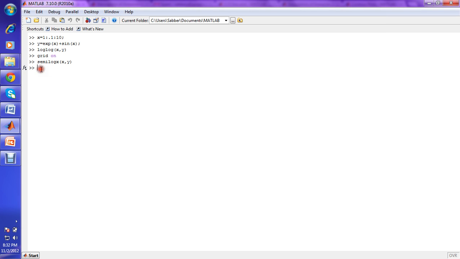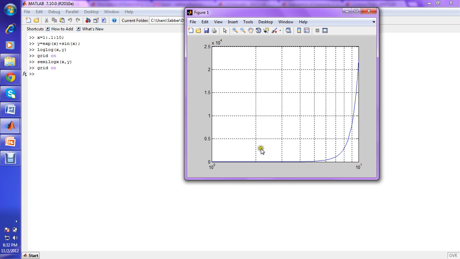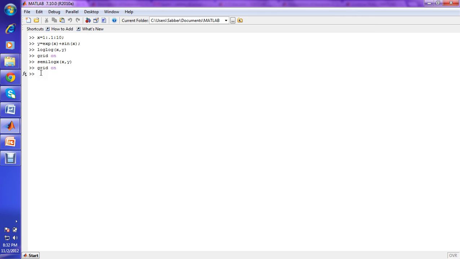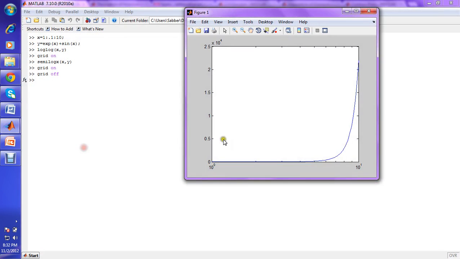Okay, so if we want to put grid on, you can see that the x-axis is a logarithmic scale and the y-axis is a linear scale. If we do not want to see the grid, then grid off, so there is no grid here.